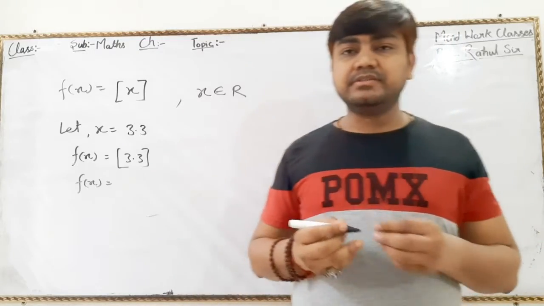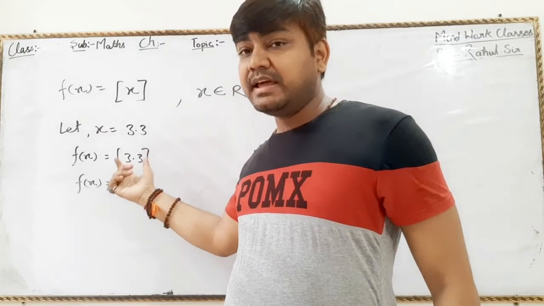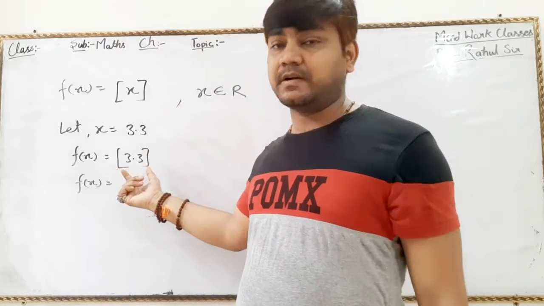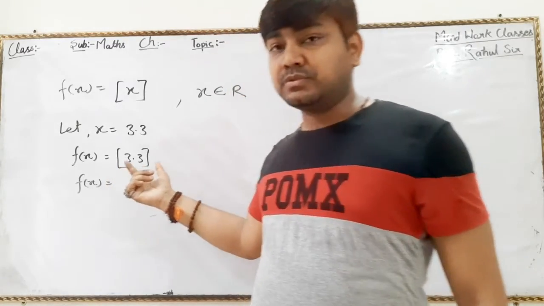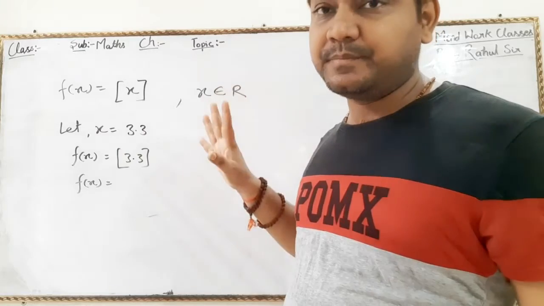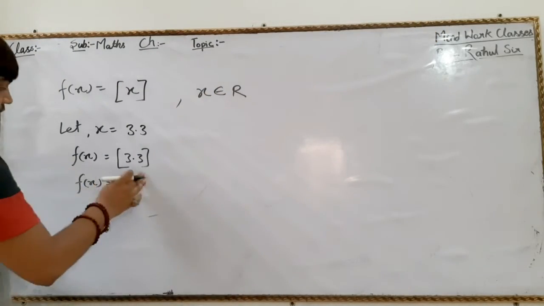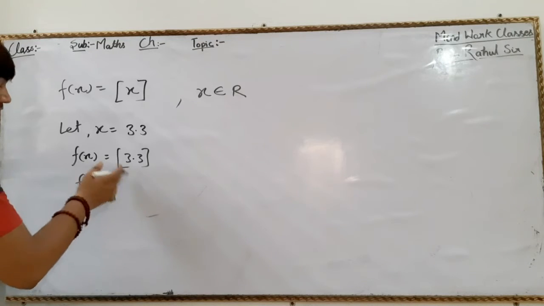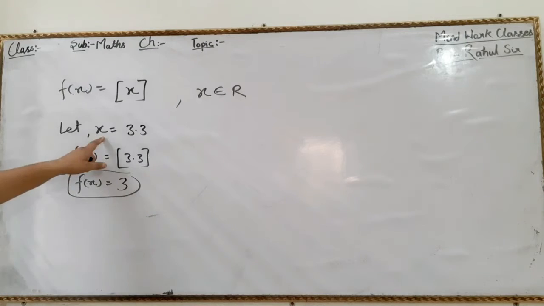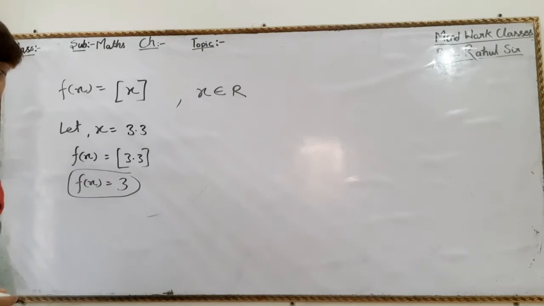Greatest integer means the number less than this which is an integer. The number should be less than this and an integer, just below this number. So when x equals 3.3, the value of the function will be equal to 3.